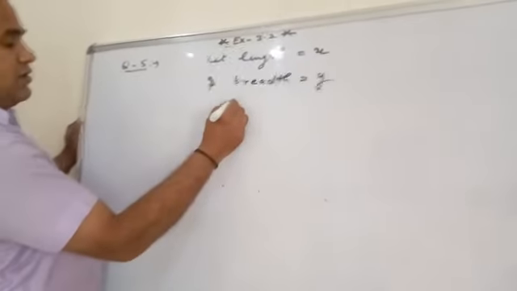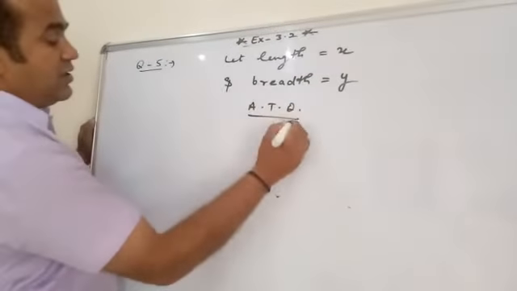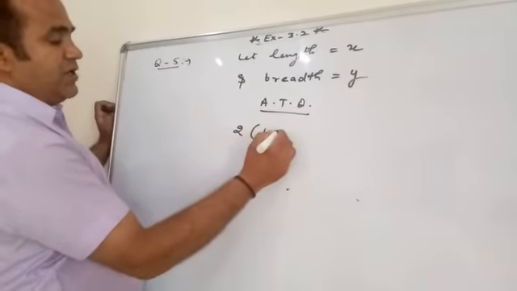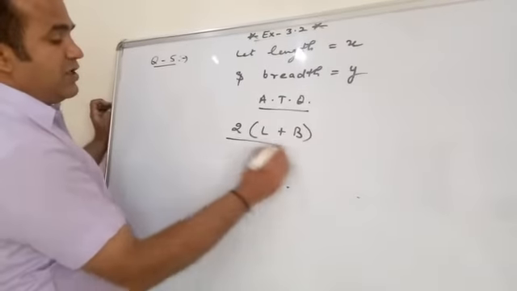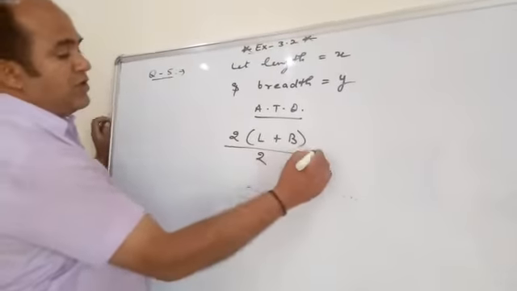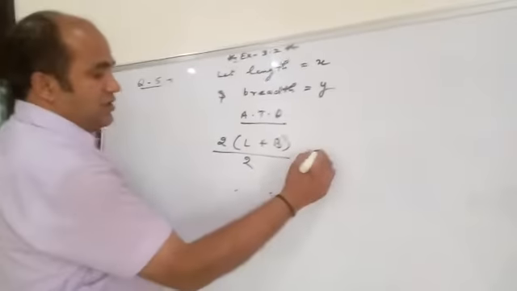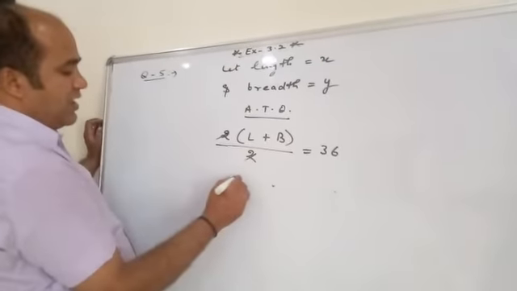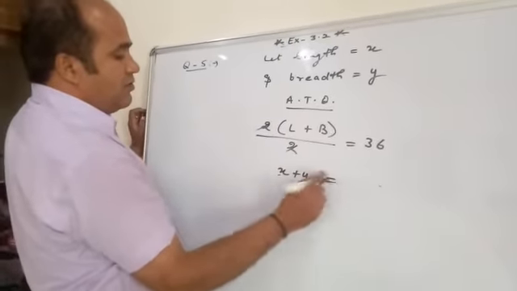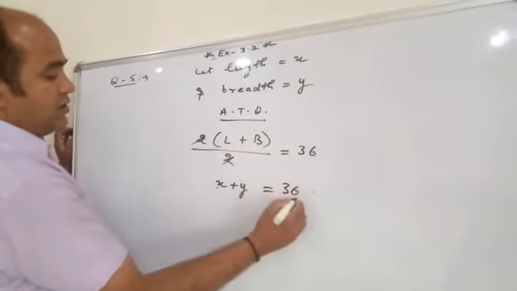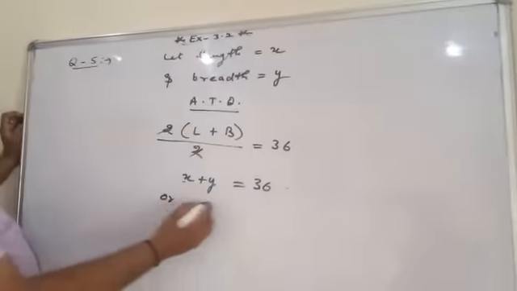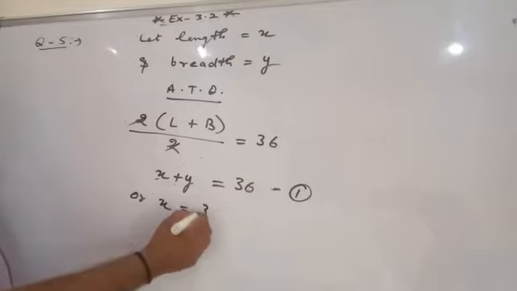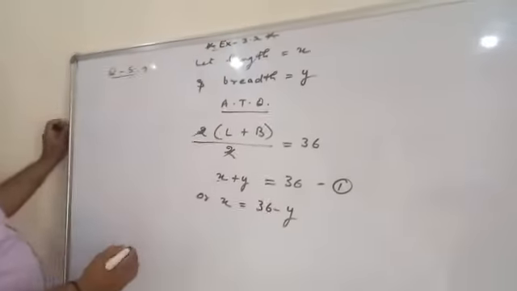You know very well the perimeter of a rectangle is 2 into L plus B, but they are saying half the perimeter, so you divide by 2, which is 36 meter. The 2 cancels with 2, so L plus B, meaning x plus y, is equal to 36. This is your first equation, or you can write it as x equal to 36 minus y.